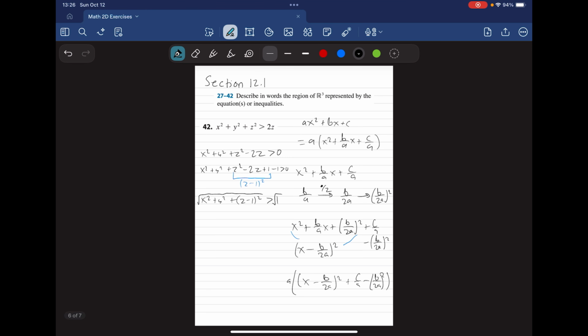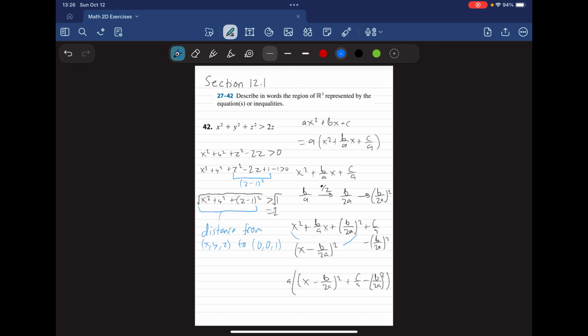Now, square root of 1 is just 1, so this is just equal to 1. And the left side here, you might notice, is the distance, let me write this down, from the point x, y, z to the point 0, 0, 1.